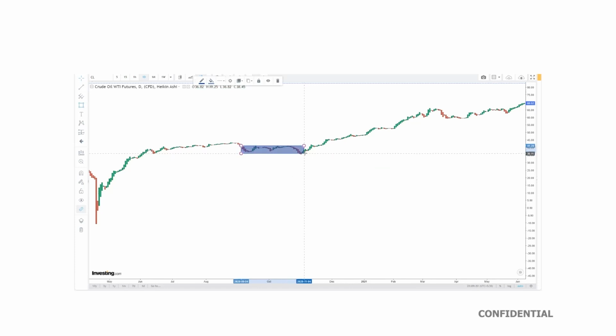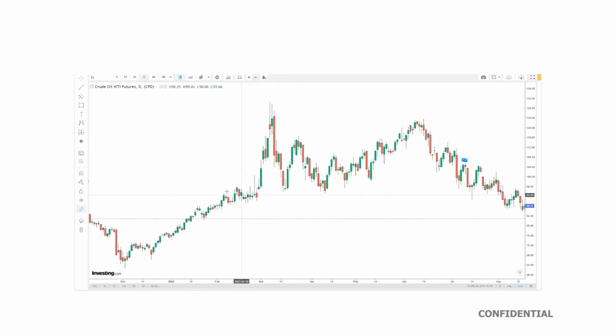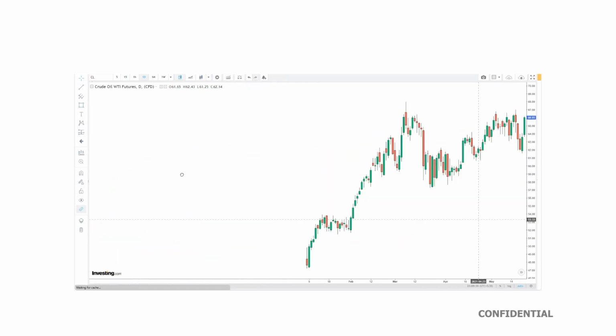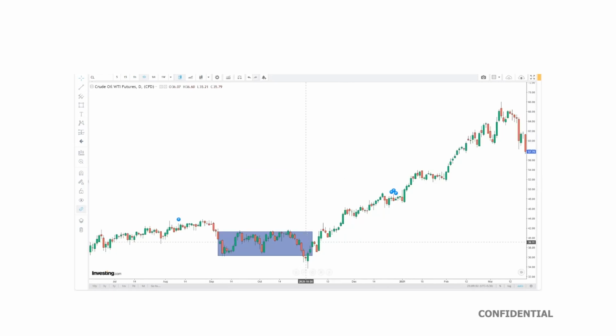Let us come to daily chart. At this level, 1, 2, 3, 4, it is sounding like a narrow range, but it is actually not a narrow range.